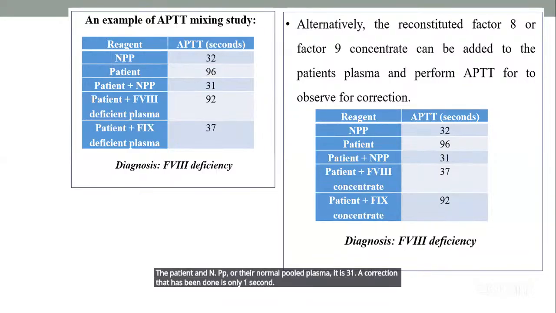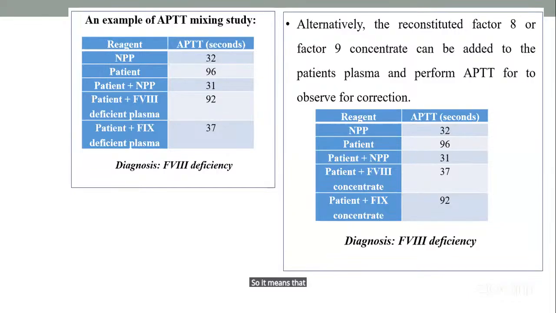So it means that pooled also had deficiency of the factors. Then when you add patient plus factor 8 deficient plasma, it is 92. It means that sample is highly deficient and there is no correction. We are starting to think about factors.